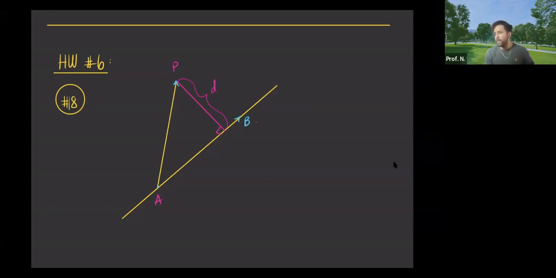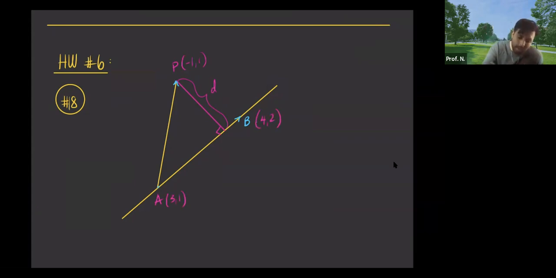Okay, and then it says AB, the distance P1. So say P1 is -1, 1. A is 3, 1. And B is 4, 2. And the question is, the distance from P to the line through the points A and B.